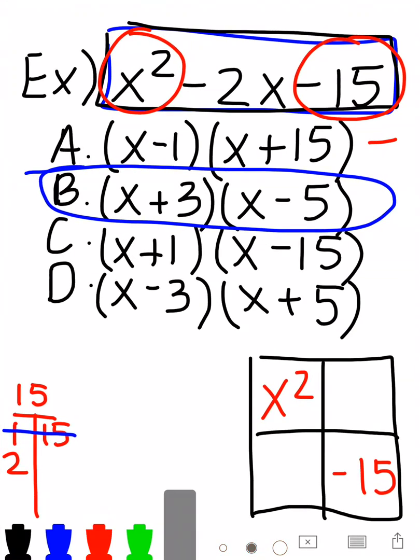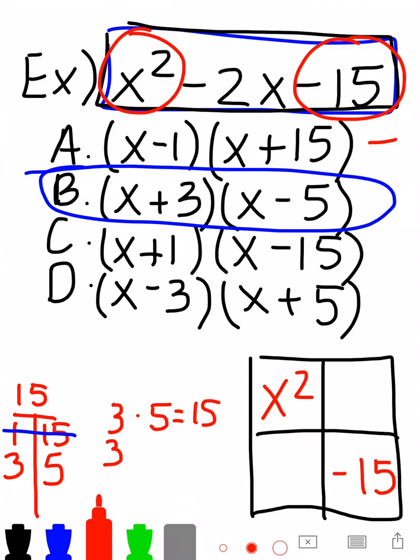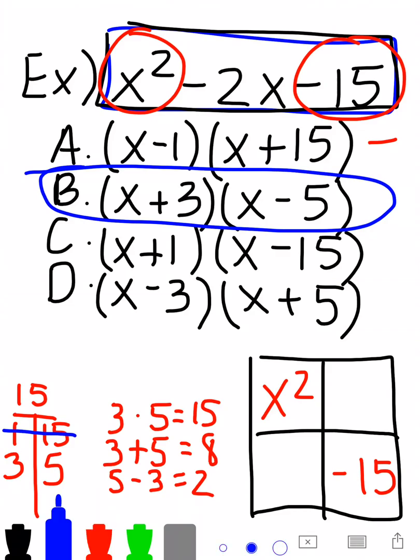So that means that 2 is not a factor of 15, so let's go on to 3. Well, what times 3 will give me 15? Well, 5 will. 3 times 5 gives me 15. 3 plus 5 will give me 8, but 5 minus 3 will give me 2. Looks like I have a winner. 3 and 5 will be our factors.